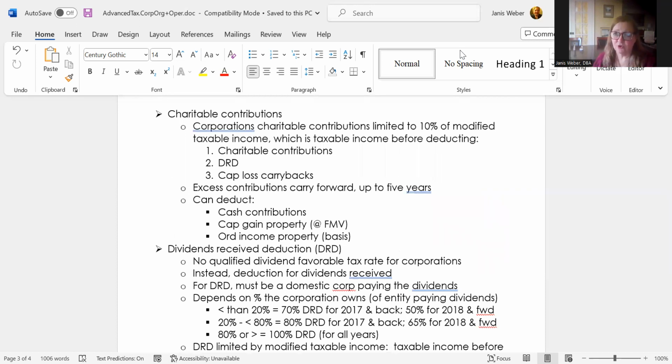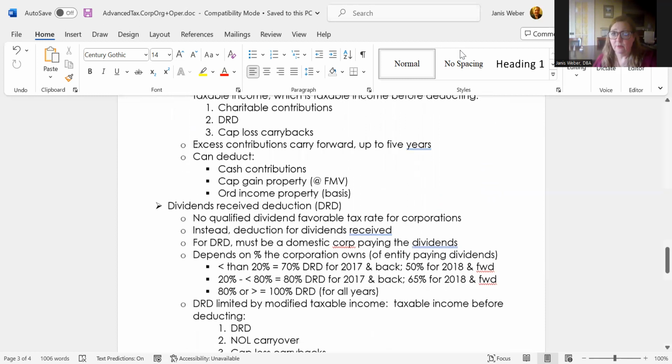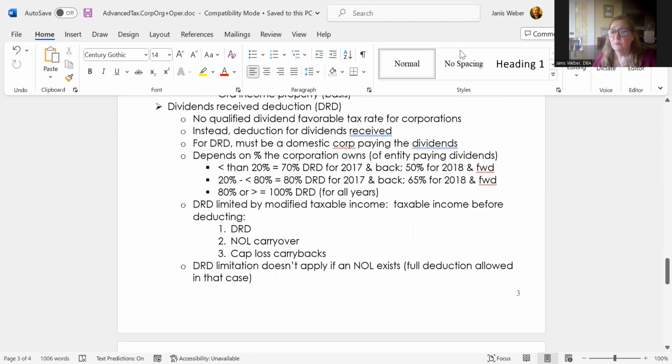If you have extra charitable contributions, you just carry those forward up to 5 years. You can deduct cash contributions just like normal, plus capital gain property at its fair market value, plus ordinary income property at its basis, which are the same rules we had for individuals based on how you tell what's capital gain property and ordinary income property. It's done exactly like we did it for individuals, but you've got that 10% of taxable income limitation as well.